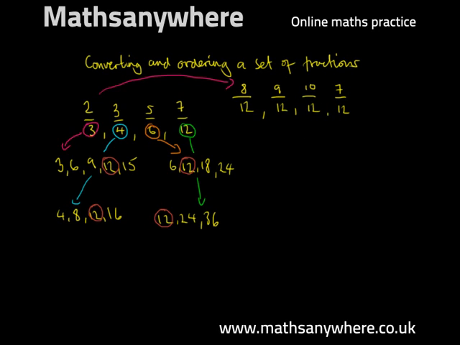We'll then draw out our number line. We'll draw that a little bit higher, I think, because we're going to place these fractions on a number line. We want to order them.